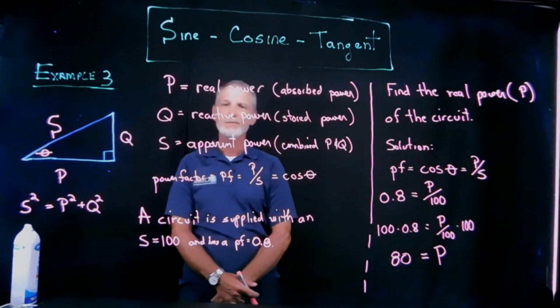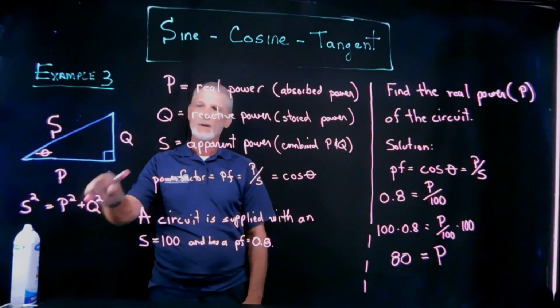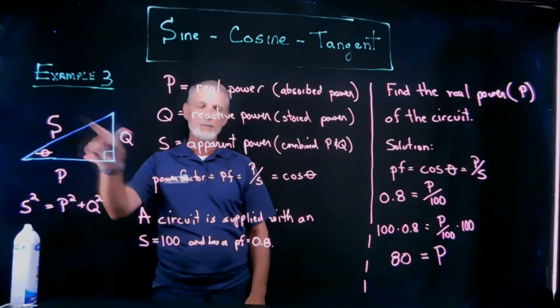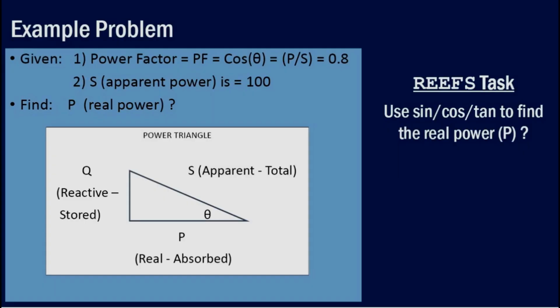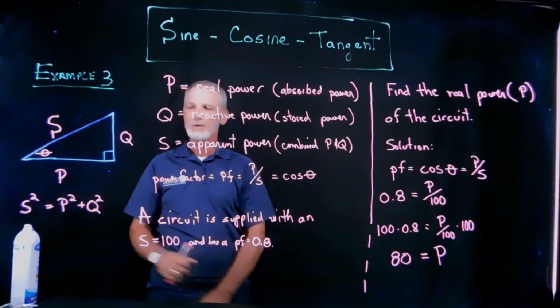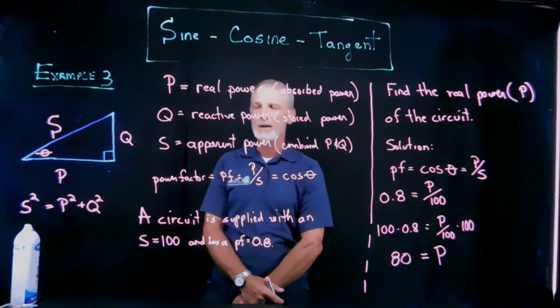And the apparent power can be found from Pythagorean's theorem. So the real power, the reactive power, and the apparent power are related by a triangle. And therefore, we can use Pythagorean's theorem to find the unknown quantity if we know any of the other 2.